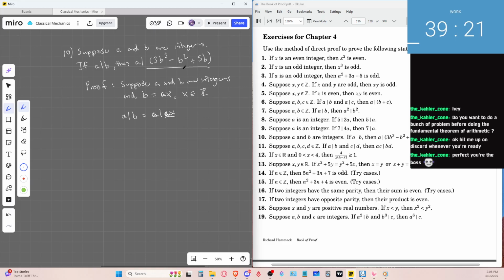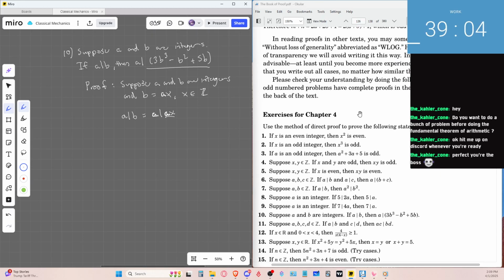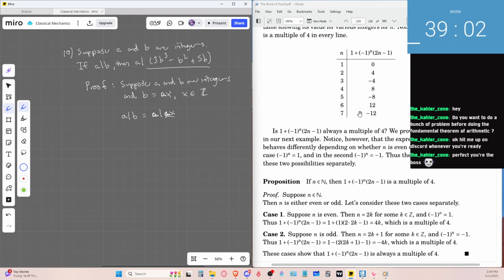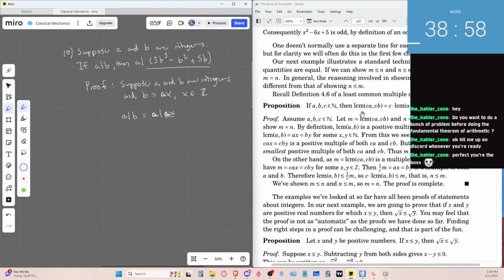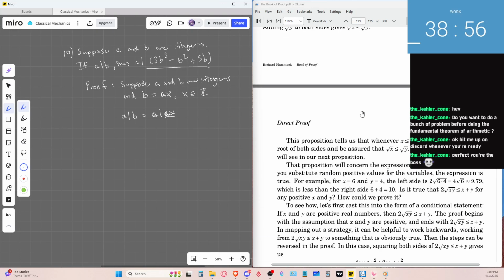Unless we have to transform A as a variable of B. Let's see if there's anything we have to learn about divisor problems, just in case.